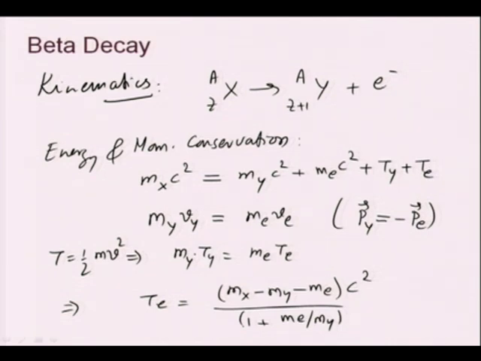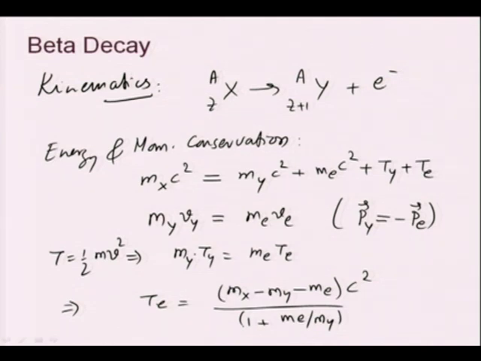So, this actually tells you that if it was only the product daughter nucleus and the electron in the final state, a one particle going to two particle decay similar to the alpha decay, then we should be able to compute the kinetic energy of the electron coming out of this decay just as a function of the masses of the particles involved.